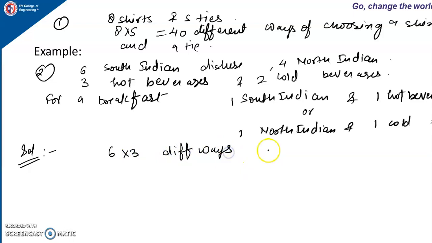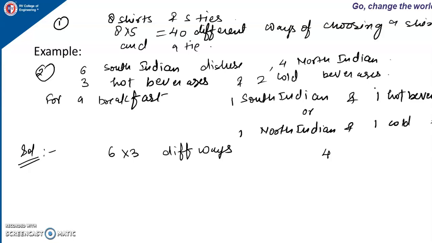Why are we multiplying 6 into 3? Because when we have to perform both the tasks, we apply the product rule. And when we say either the first one or the second one, we need to apply the sum rule.